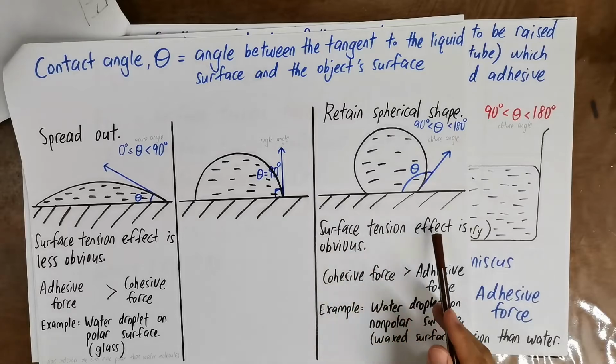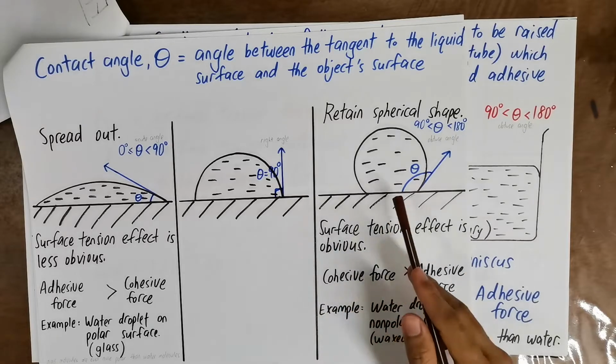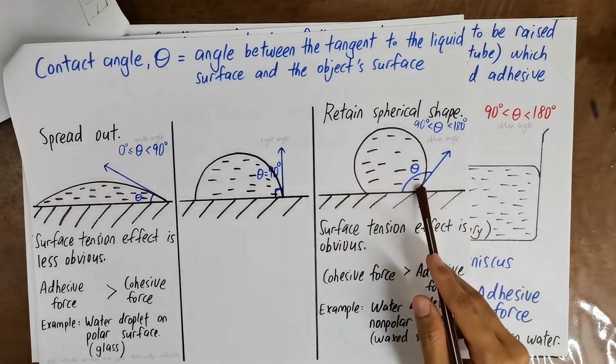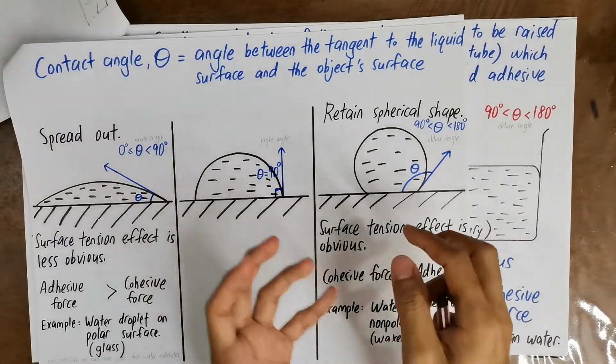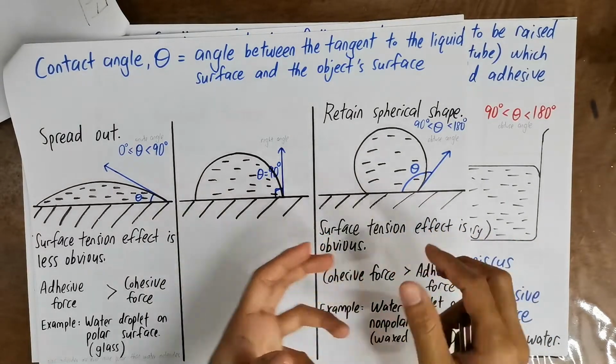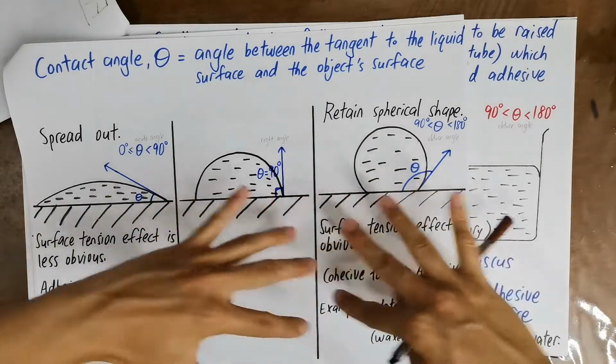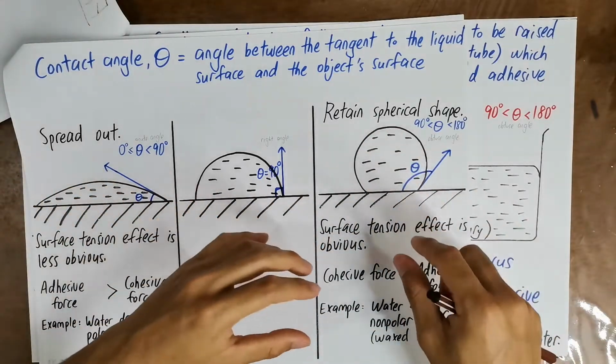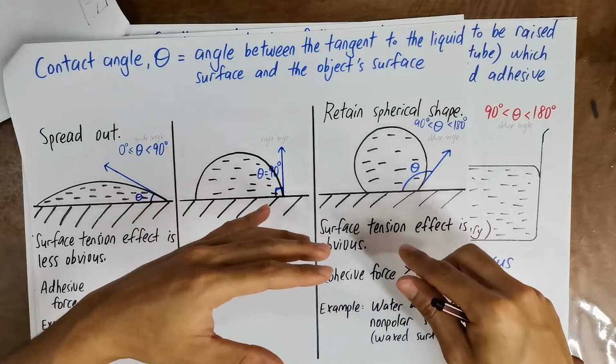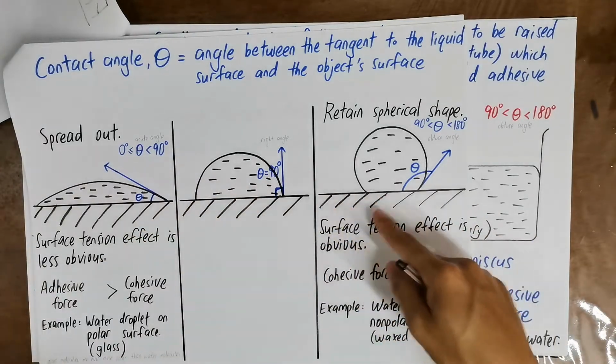If the surface tension effect is really obvious, the liquid will try to retain a spherical shape, because the droplet refuses to spread out. The droplet refuses to be in contact with the surface.